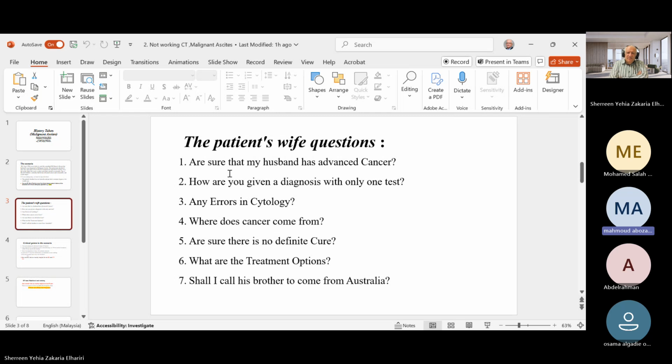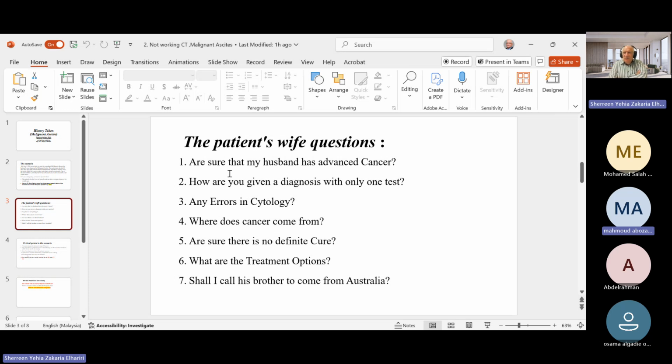It shows malignant cells in your husband's tummy. Can we repeat this cytology? No, it's diagnostic. Where does this cancer come from? Till now we are not sure, so we ordered a CT to know the origin of the tumor and all details about it.